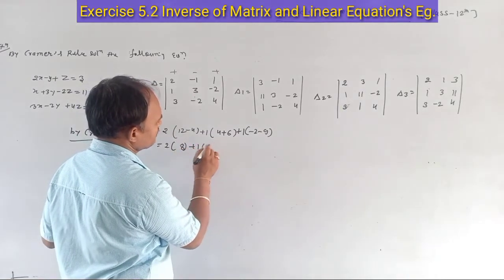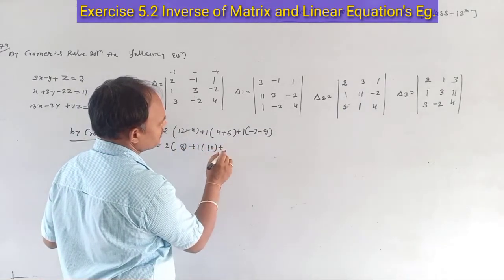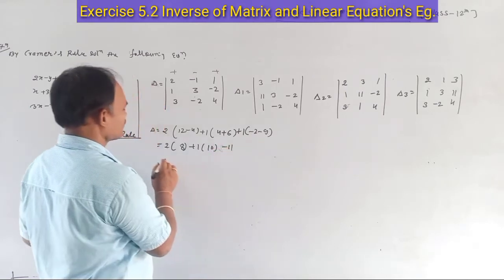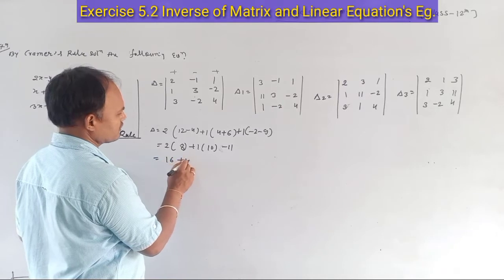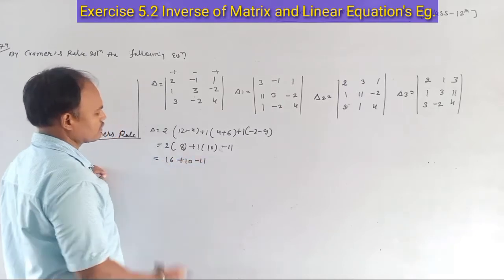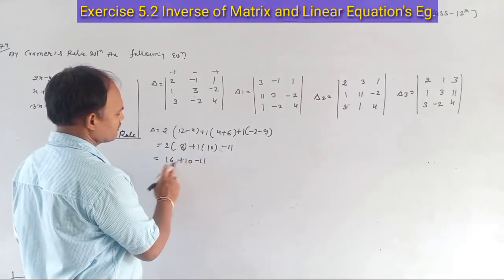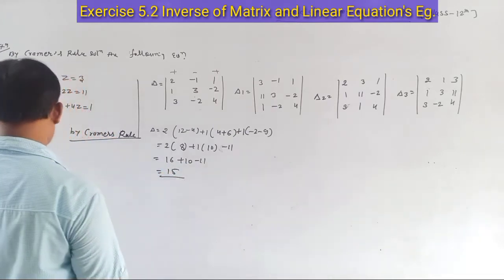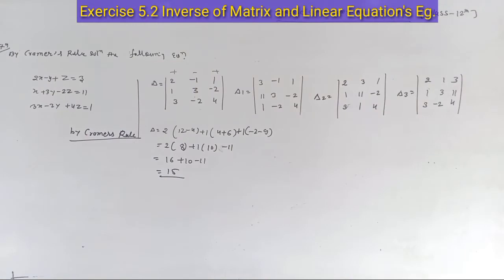So it is 16 plus 10 minus 11, so delta equal 15. This is the value, 15.